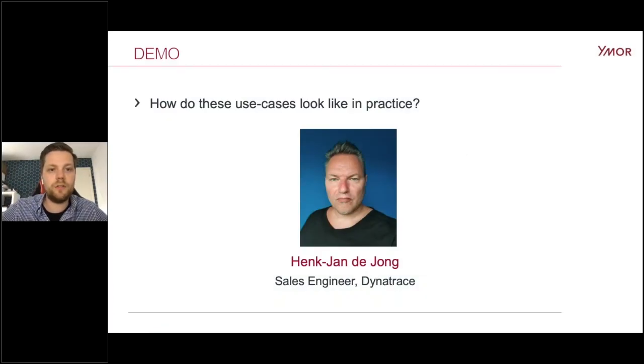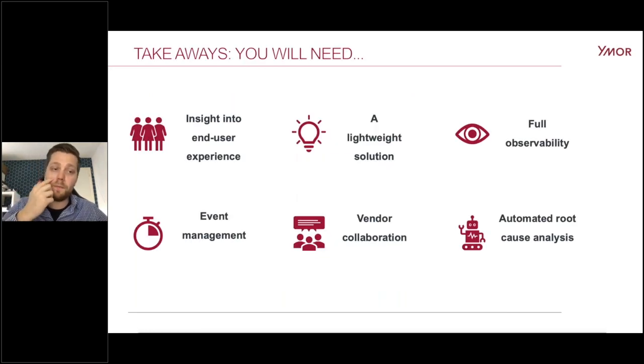Let me share my screen again. Here we go. In order to do a short summary for this webinar, we want you to have the following takeaways. In order to keep control of the quality of your SaaS applications, you will require insight into end user experience. And rolling out this solution should be a lightweight one. That means that we can create value very swiftly and it does not negatively impact the performance of your end users.